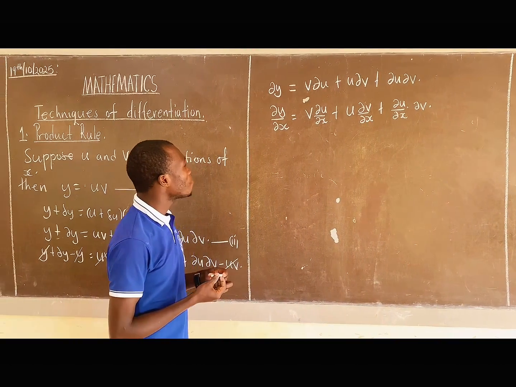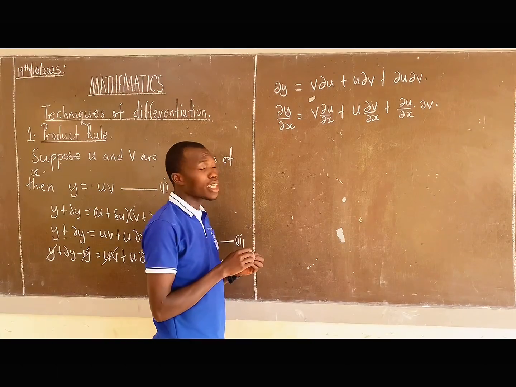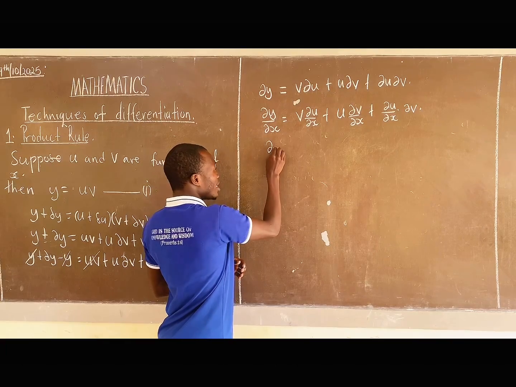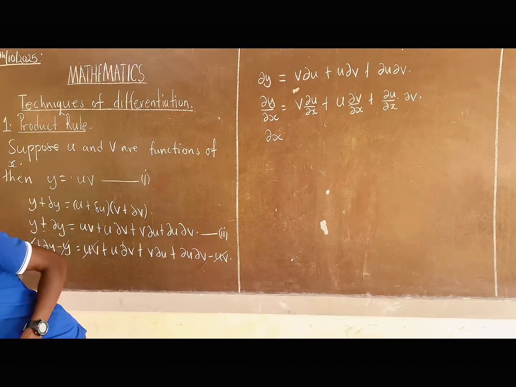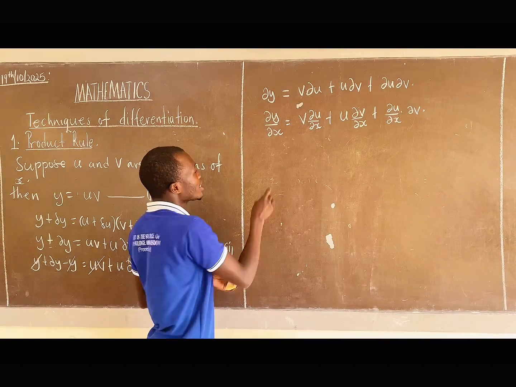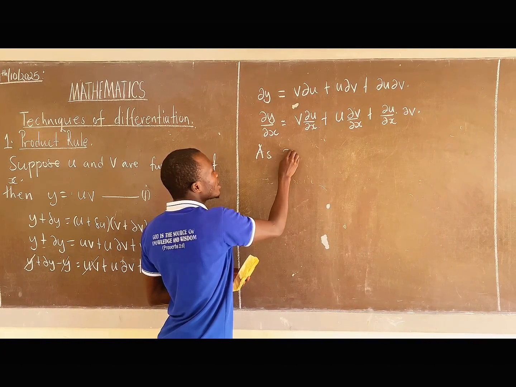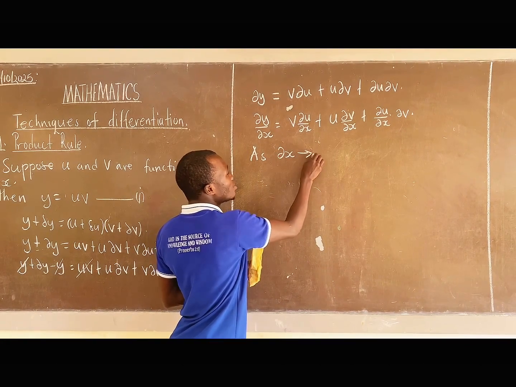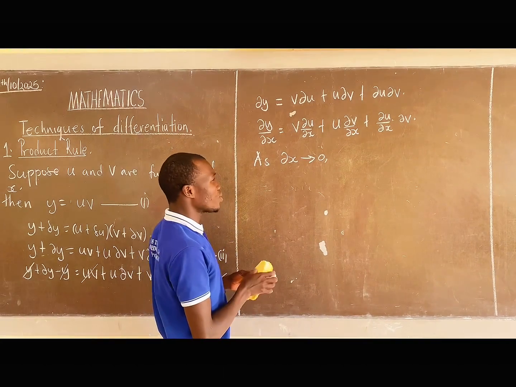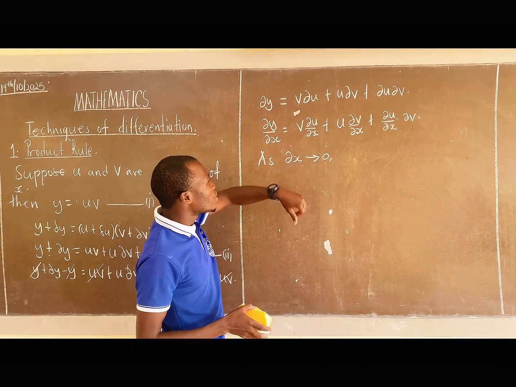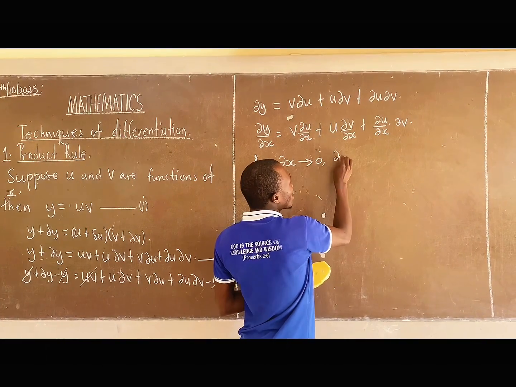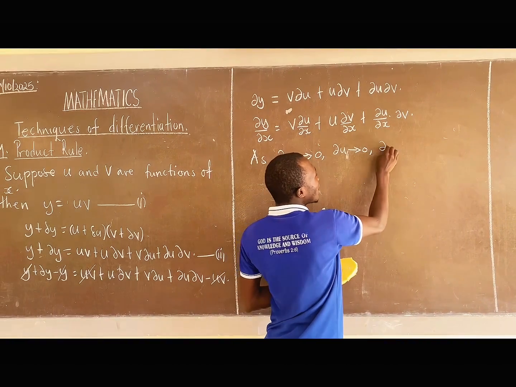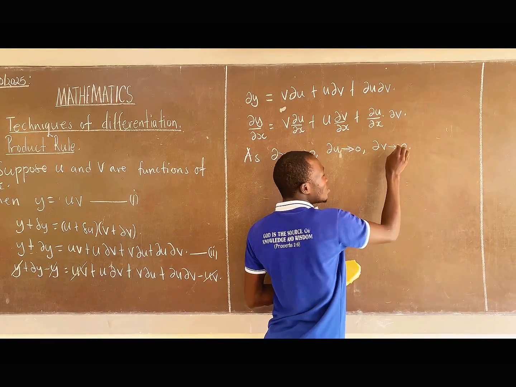Now remember, when we take the limit as delta x tends to zero, what will happen? We shall see that delta u will also tend to zero, delta v will also tend to zero.